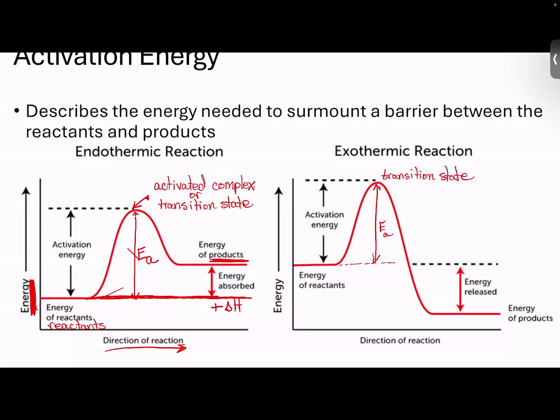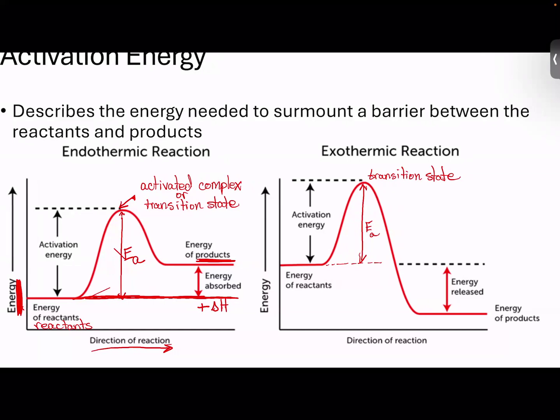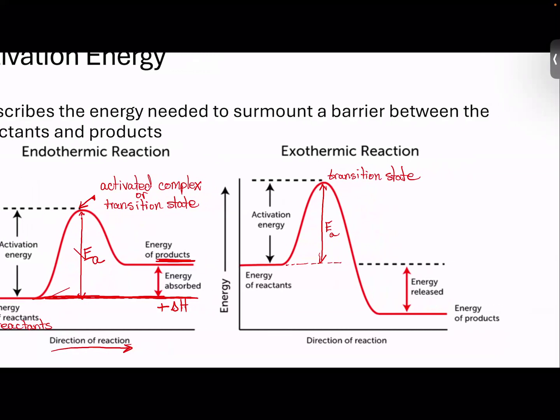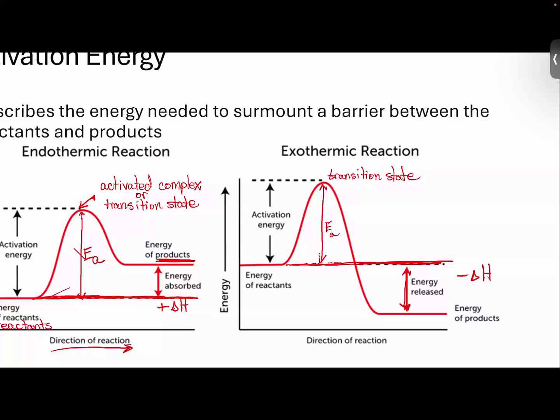And it has the enthalpy, which will be the distance between the reactants and the products. In this case, we're talking about a negative delta H because more energy was given off than was absorbed. So this is an exothermic reaction.